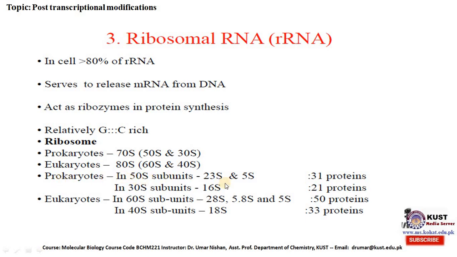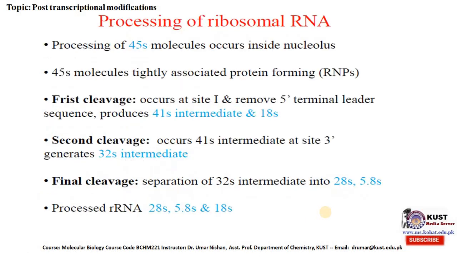In prokaryotes, the 50S subunit contains 23S and 5S, and the 30S subunit contains 16S. In eukaryotes, the 60S subunit contains 28S, 5.8S and 5S, and the 40S subunit contains 18S. These are the different components which make up the ribosomal RNA.